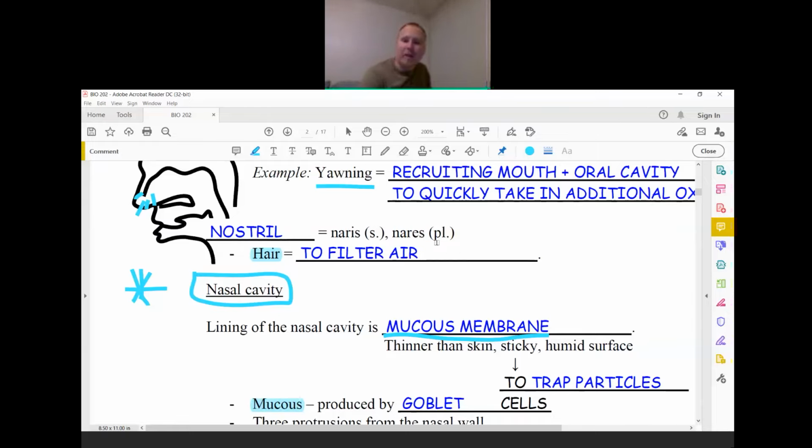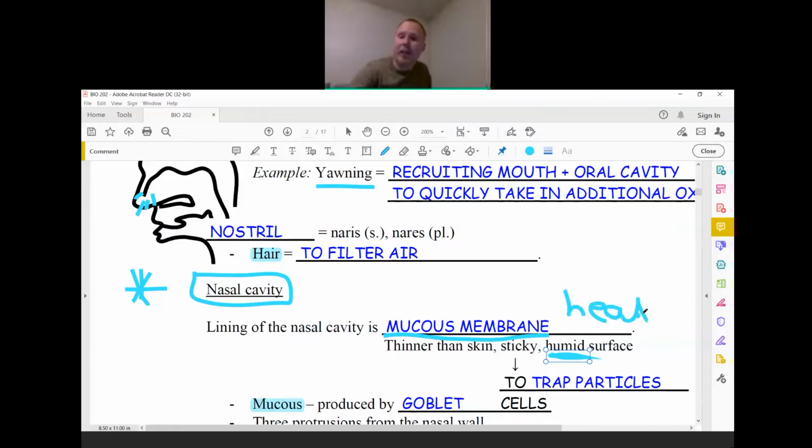And this really serves quite a few purposes. So first of all, it humidifies the air that would pass through the mucous membrane area of the nose. So we make the air that's going to go further into the respiratory tract wet. The other thing that we do, we also heat the air.